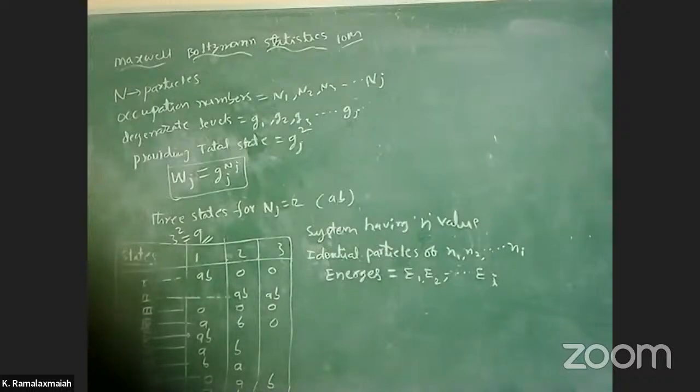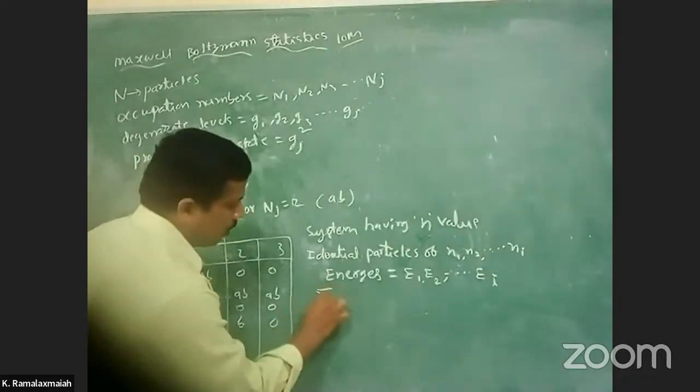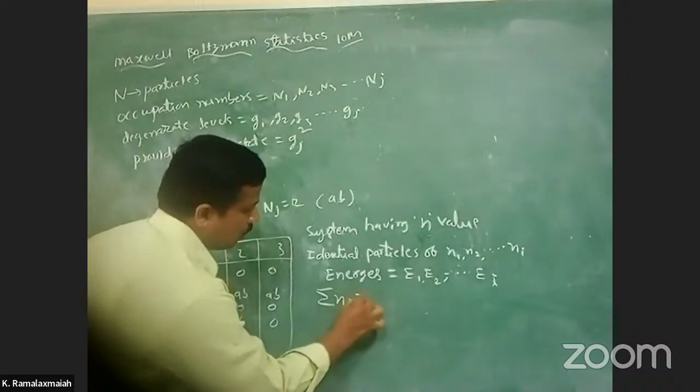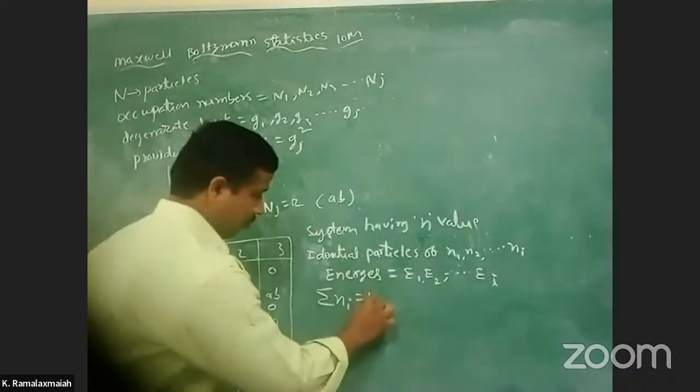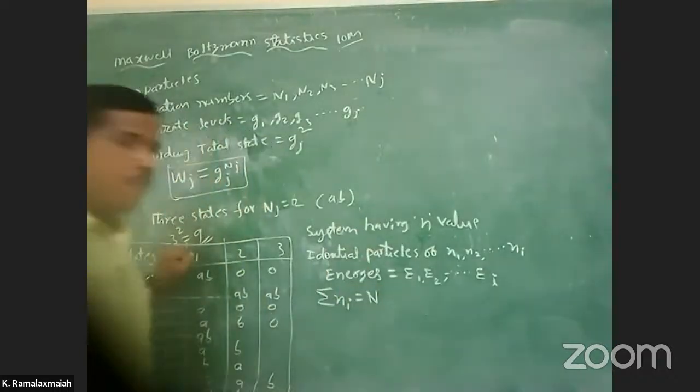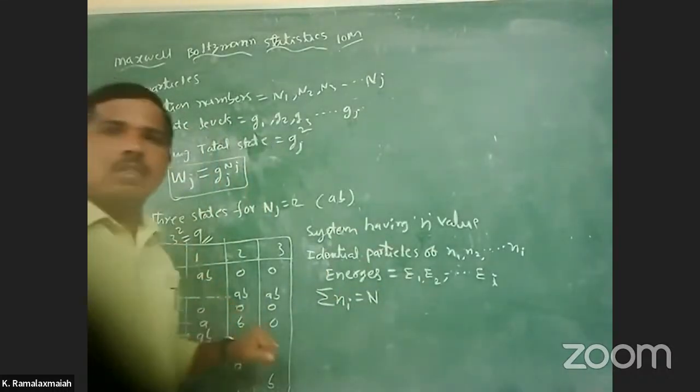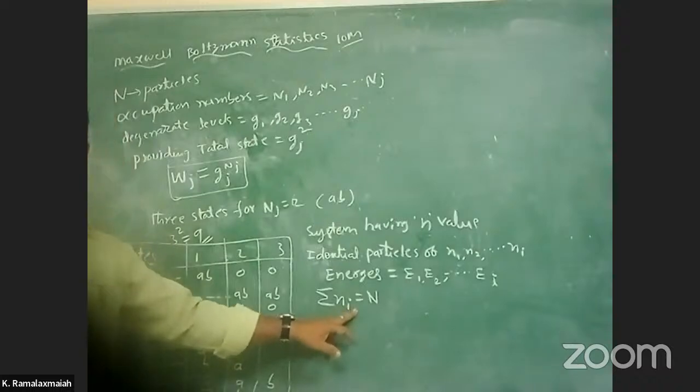The second one is the total number of particles in the entire system is always constant. That is summation ni is equal to capital N.